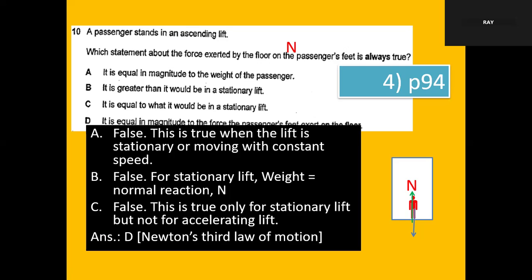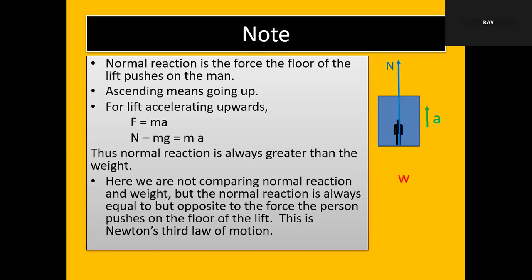This is action and reaction, no? Newton's third law. Oh yeah. Okay, the answer is D. Make sure you know how to work with lifts. If it's accelerating upwards, then you use Newton's second law, N minus mg equals ma. That's how you calculate it.